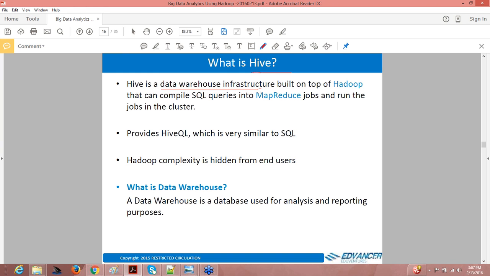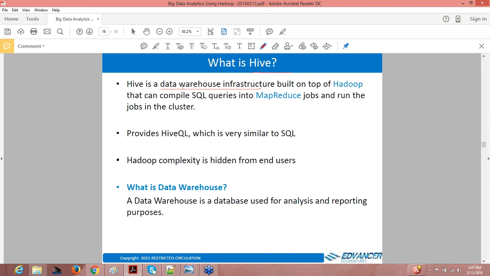Sources can be internal or external, and we run ETL jobs and load the processed data into the data warehouse. And from the data warehouse, generally we generate reports, and we use visualization tools for creating charts.